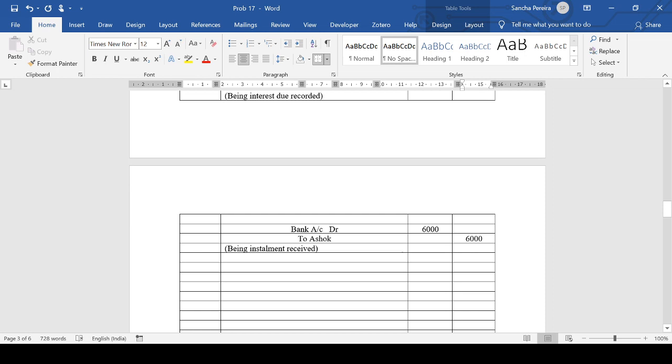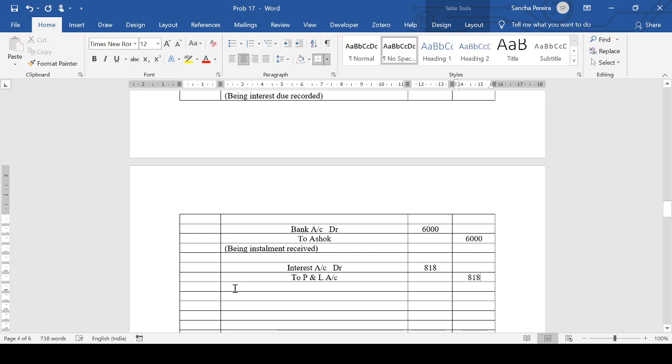So the last one will be transfer of the interest to P&L account. In P&L account, since the interest is an income for the seller, it will come on the credit side. So the entry will be interest account debit to P&L account, 818.